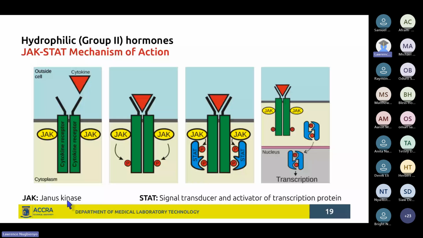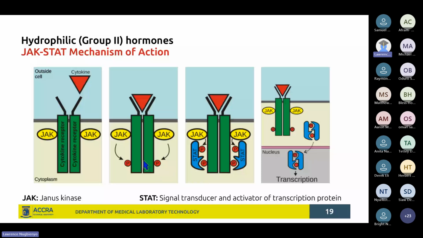Phosphorylation. Right. Now, the Janus kinase, after you have the cytokine now bound on the receptor, the Janus kinase catalyzes phosphorylation on the receptor. So you see, there's one phosphate group that has come to bind on the receptors, the protein there.